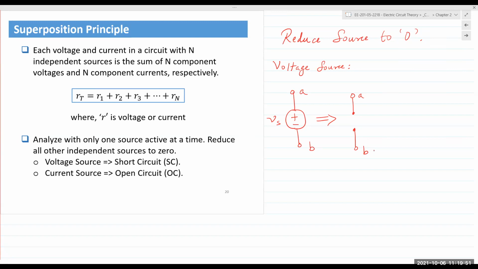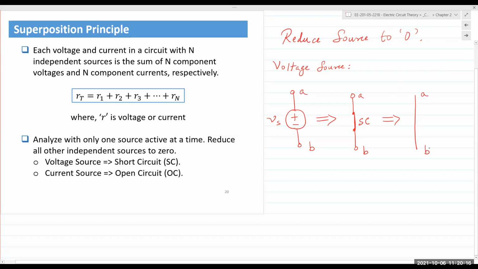So we remove the voltage source from the circuit and we replace it with a short circuit, or SC. And that's why we replace a voltage source with a short circuit, to reduce it to 0. When you perform this replacement in a circuit diagram, all you need to draw is a wire. That's it.